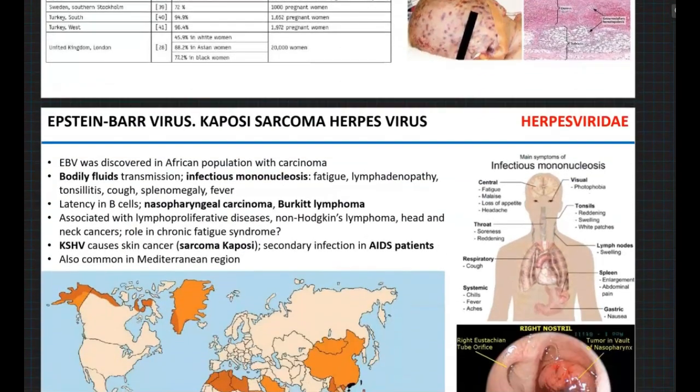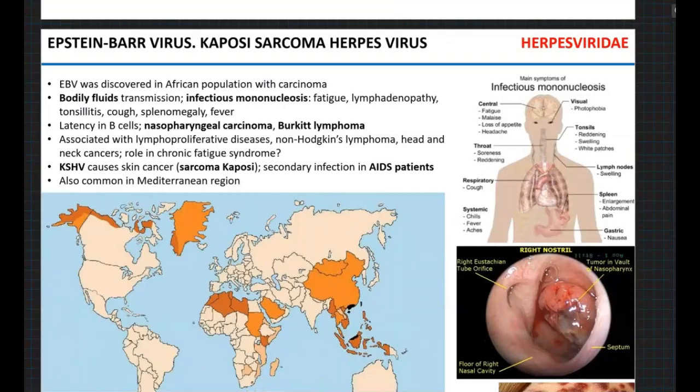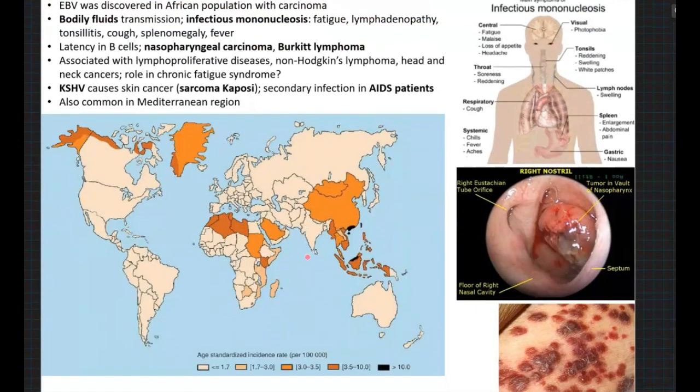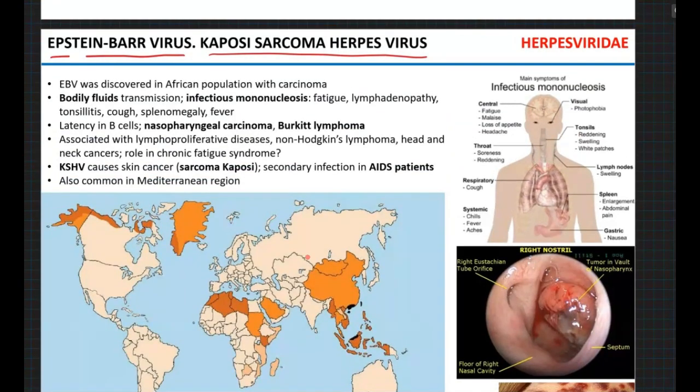Now, maybe a little less known, the gamma herpes viruses, which are Epstein-Barr virus and Kaposi sarcoma herpes virus. So let's talk about Epstein-Barr. Are you familiar with the disease known as mono, infectious mononucleosis? It is caused by the Epstein-Barr virus. When it infects humans, it infects cells in the pharyngeal epithelium.